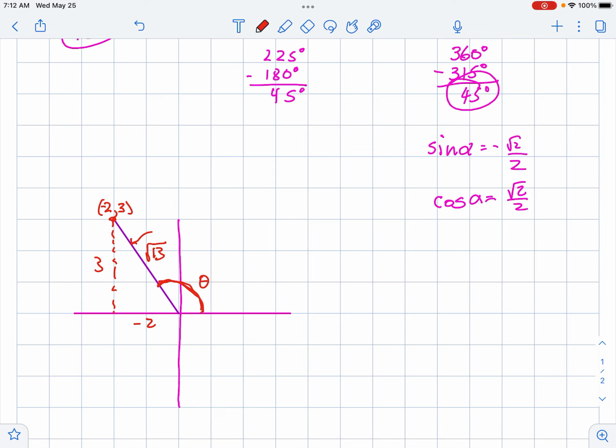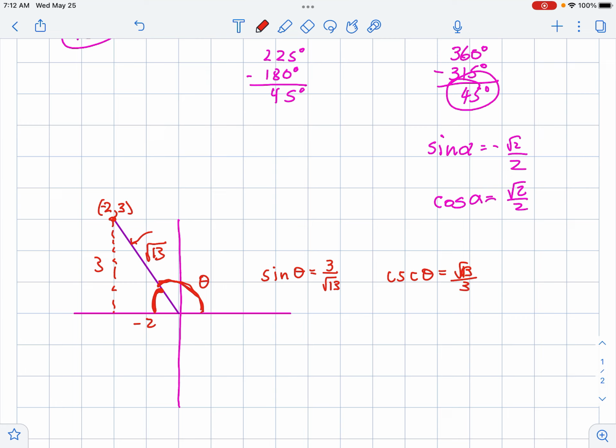Now, first of all, we've got sine of theta. Well, the sine of theta is just, notice we're using this reference angle here. See, we're using that reference angle. So this is going to be 3 over square root of 13. Now, of course, cosecant would be the flip of that, square root of 13 over 3.